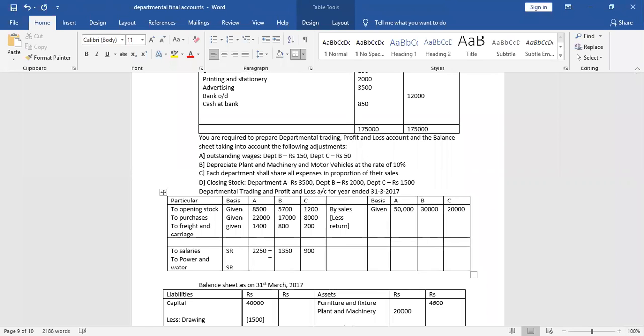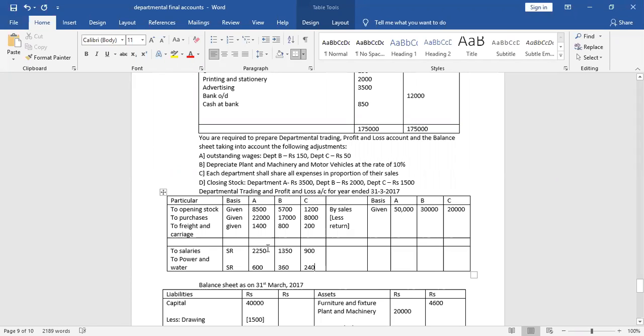Divide 1200, that is power and water, in the ratio 5:3:2. So how much are you getting? 600, 360 and 2 upon 10, 1200 into 2 upon 10, 240.